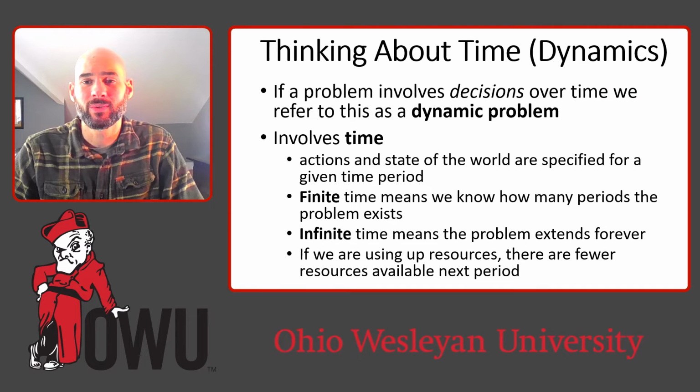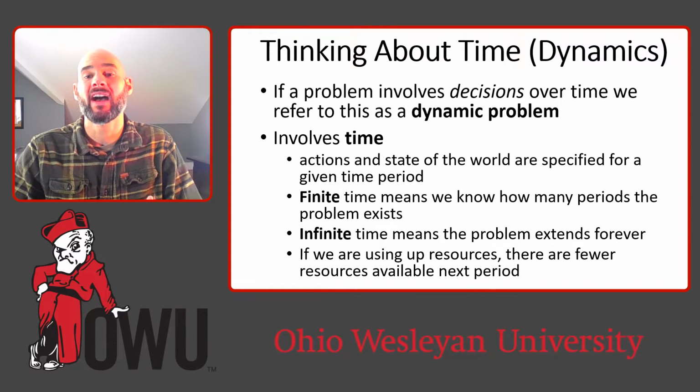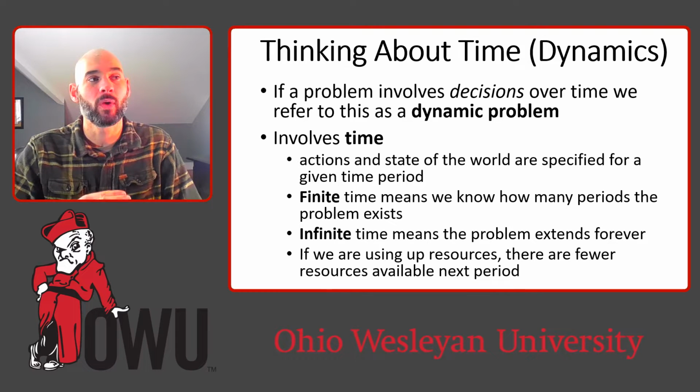So to come back to that key term from the previous slide of dynamic, we're going to think of problems as being dynamic, not when they have payments or outcomes that occur over time, but when they require or involve decisions that need to be made over time. And so this will be made more clear in the coming slides.